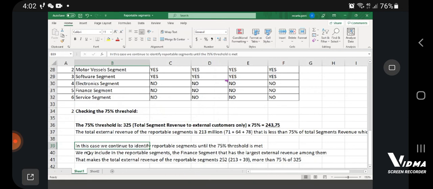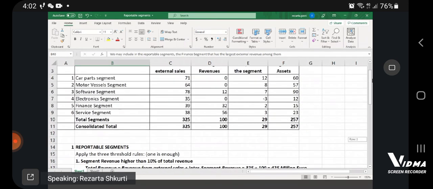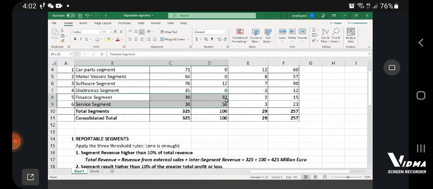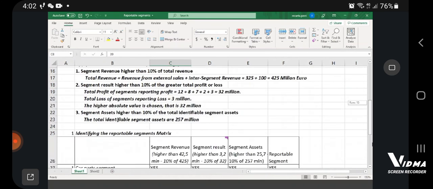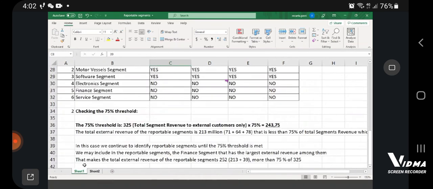For example, we may include as the reportable segment the finance segment that has the largest external revenue among them. For example, the finance segment over here, among the non-reported segments, this one has the largest amount for external revenue. If we include this new segment, that makes the total external revenue of the reportable segments 252, and that is more than the threshold.